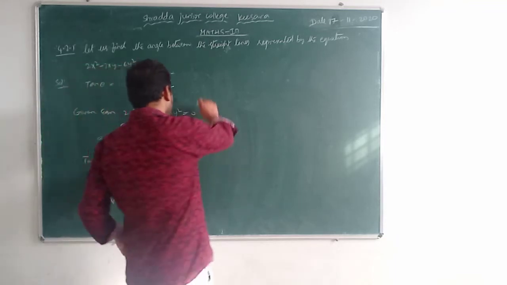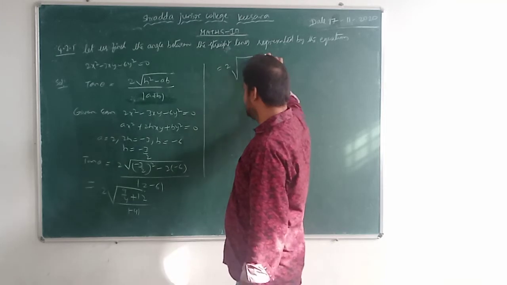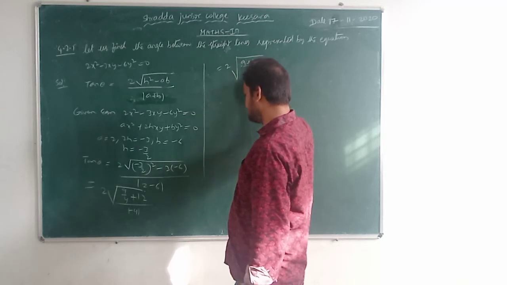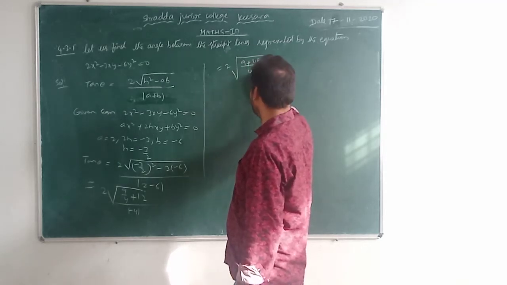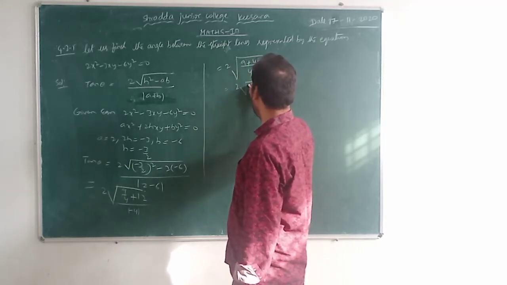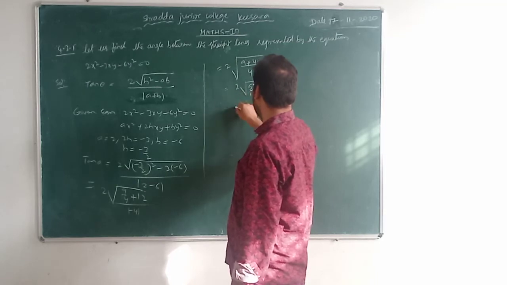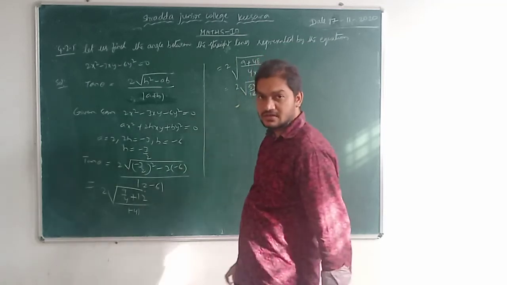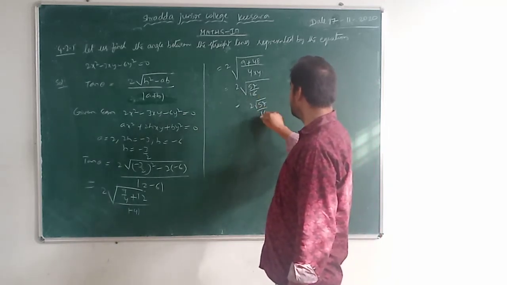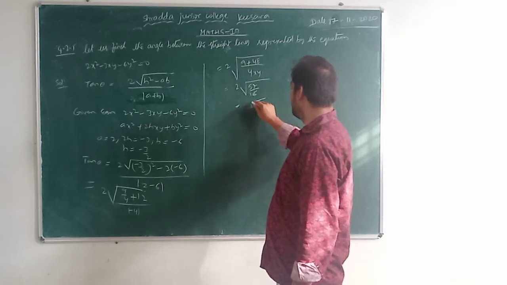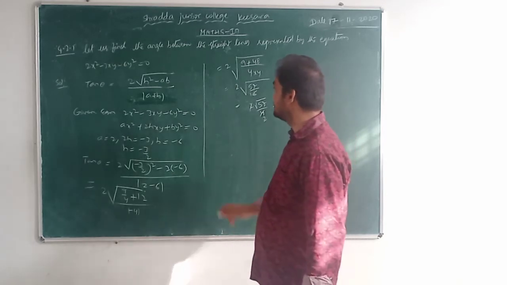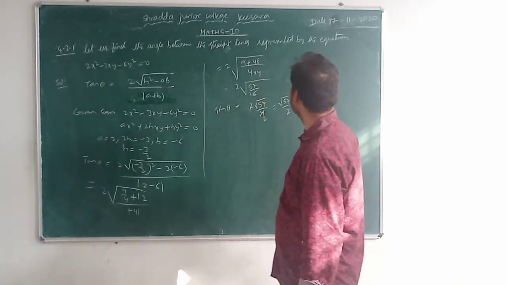Take the LCM, 4 here: 9 plus 12 fours are 48, by modulus of minus 4, that is plus 4. So now 2 into square root of 48 plus 9, that is 57, by 4. So we can write this as 2 root 57 by 4, which is root 57 by 2. This is the tan theta.